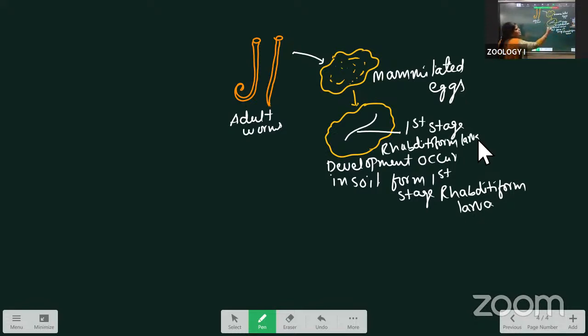This first stage rhabditiform larva undergoes the first molting. Write it here. First molting. The first stage rhabditiform larva undergoes molting, meaning they lose the outer skin, that we call the first molting.